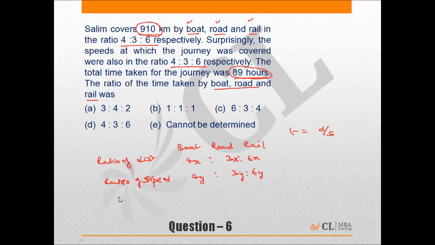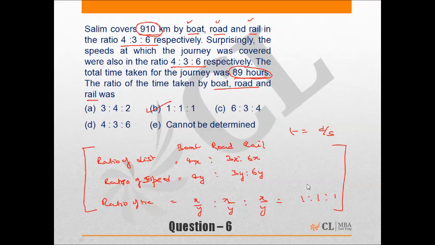So what should be the ratio of time? Ratio of time will be equal to 4x by 4y is x upon y, is to x upon y, is to x upon y, which is nothing but 1:1:1. So choice B should be the answer. This is the correct method for doing this question.